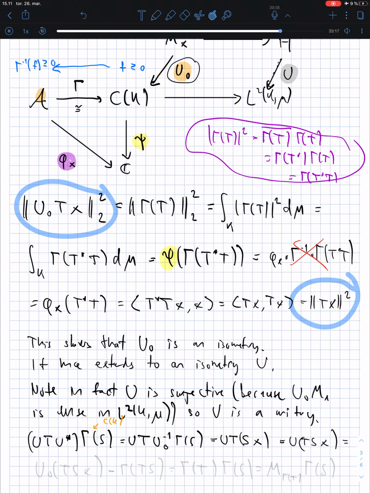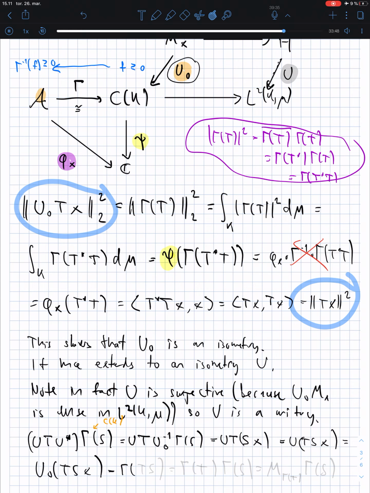Well, when you apply U to T S X, that is just U naught of T S X, right? Because I don't need to go all the way to the extension U. I can work just with U naught, because T S X clearly lies in my space M_X, because T S lies in A. So what is U naught of T S X?